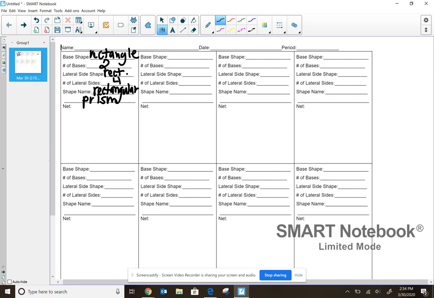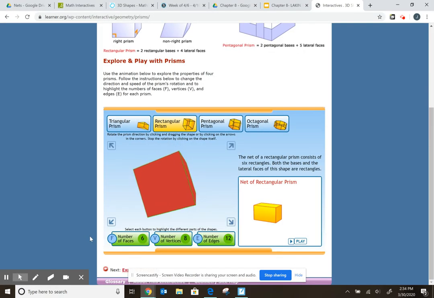A net is basically what we call a shape when it's unfolded. I'm sure at some point throughout our lives, we've unfolded a cereal box or a shoe box or something that is a rectangular prism, like a tissue box, in order to put it in the recycling bin.